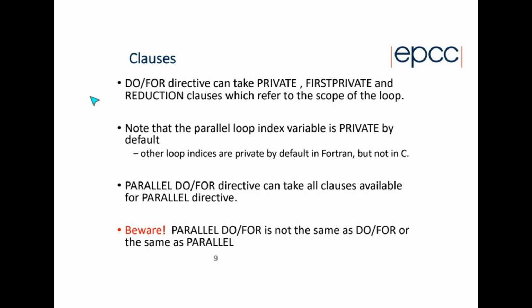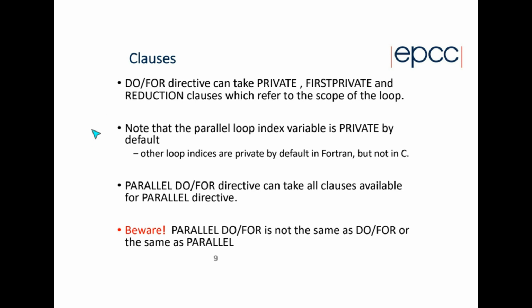Because often you require the result of the reduction later on in the parallel region, if there's more than just the single loop inside it. So it's no good having the reduction clause on the parallel region, because then the final reduction operation doesn't happen until the end of the parallel region. You really want it to happen at the end of the loop.